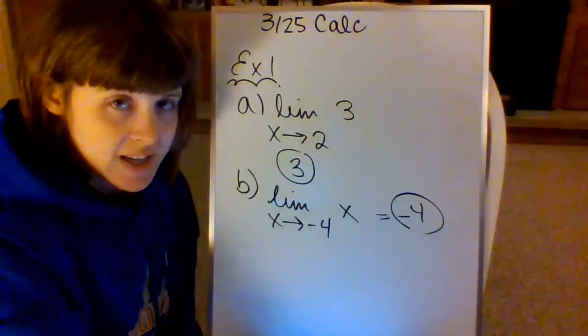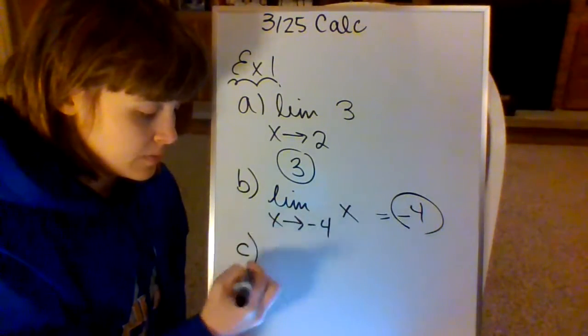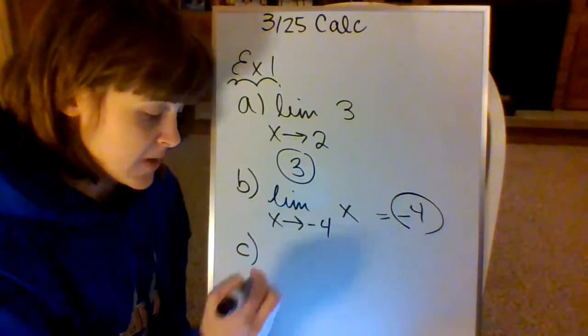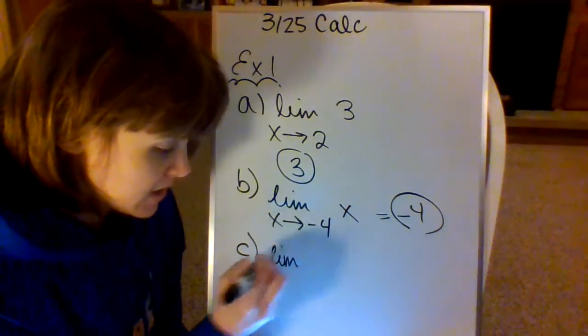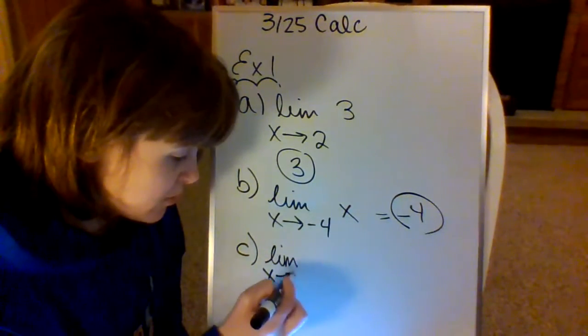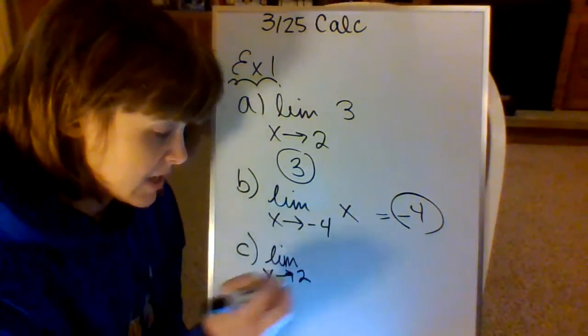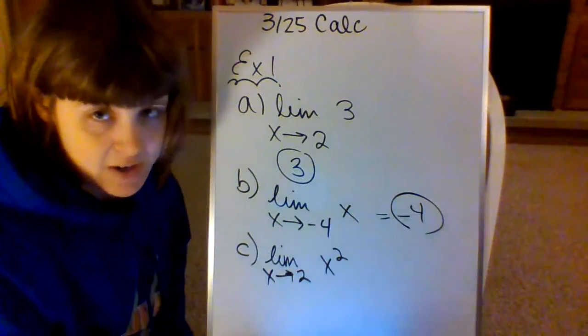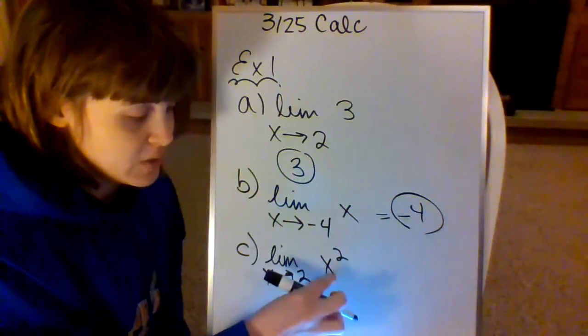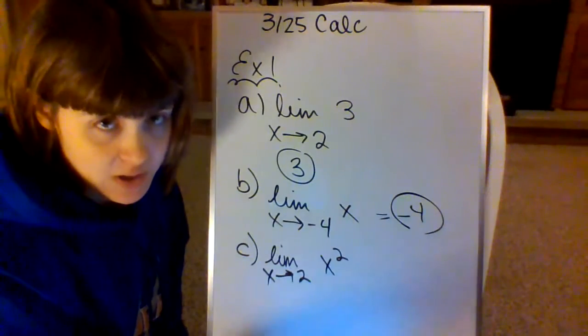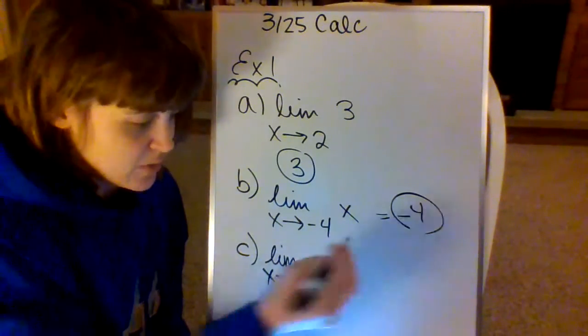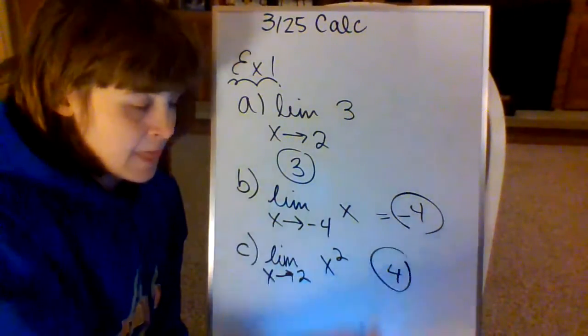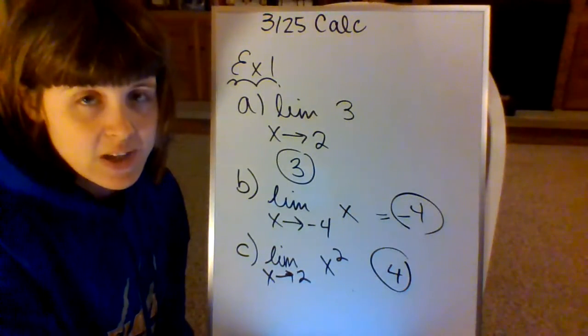Okay, so part C on example 1 says find the limit as x approaches 2, and the function is x squared. If you plug 2 in here, 2 squared is 4, and so the limit is 4. Alright, so that's example 1.